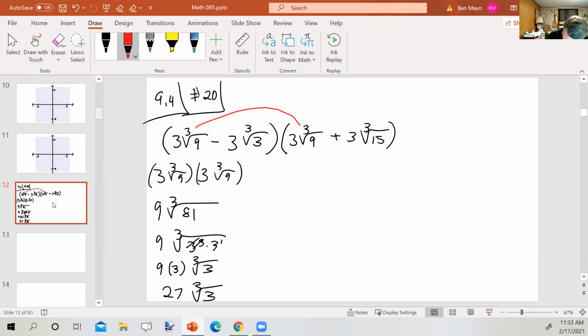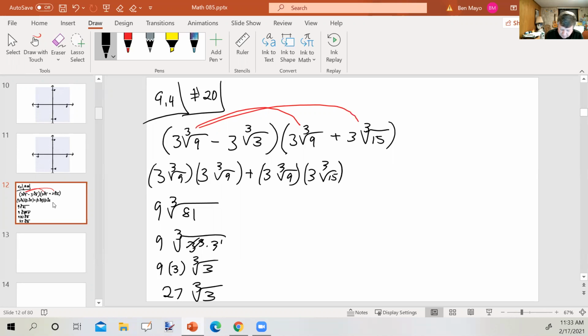Okay, now we're going to take this one times that one. And so we're going to get plus 3 cube roots of 9 times 3 cube roots of 15, which will give us 9 cube roots of, okay, 9 would be 3 times 3, and 15 would be 3 times 5.